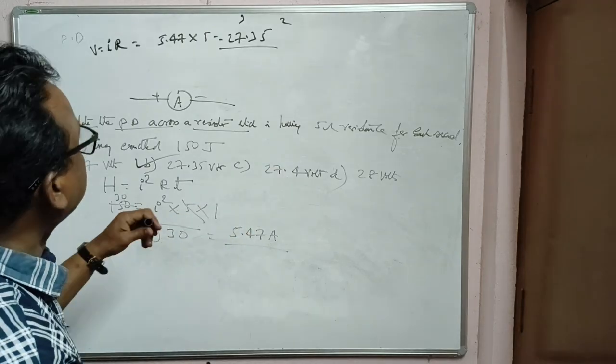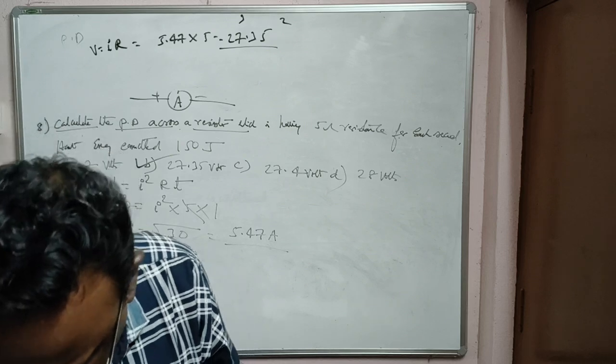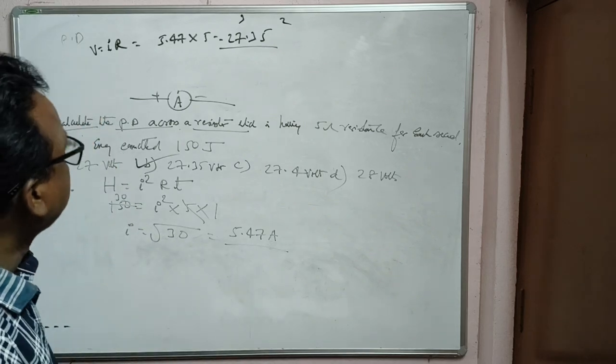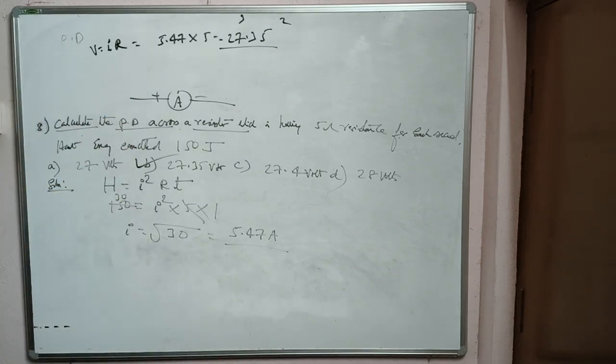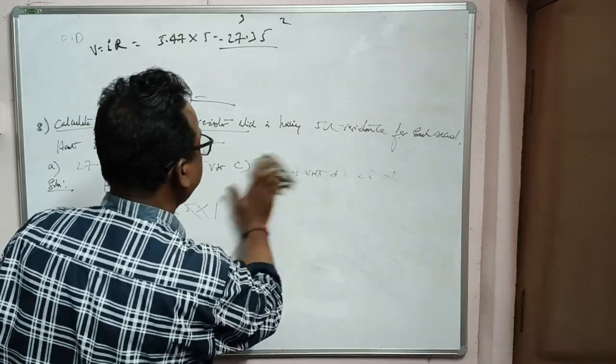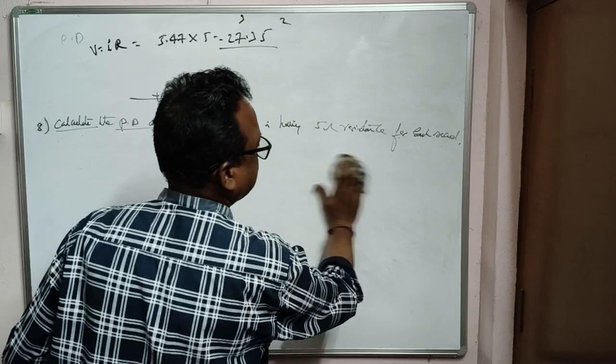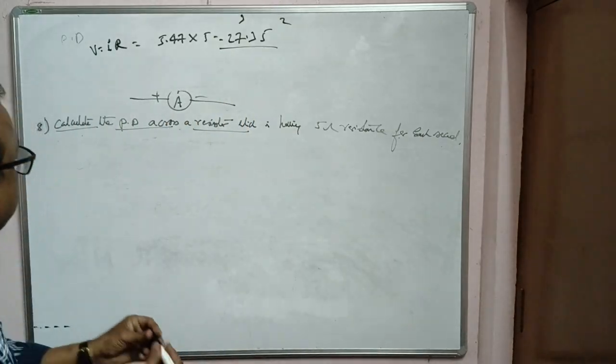Remaining all are wrong answers. 27.35 volts is the potential difference of that circuit. Clear? Please note down. Right, now let us go to the next problem. Ninth question, please.